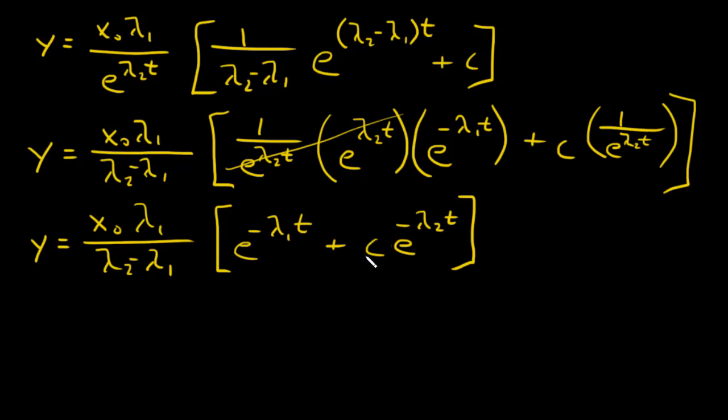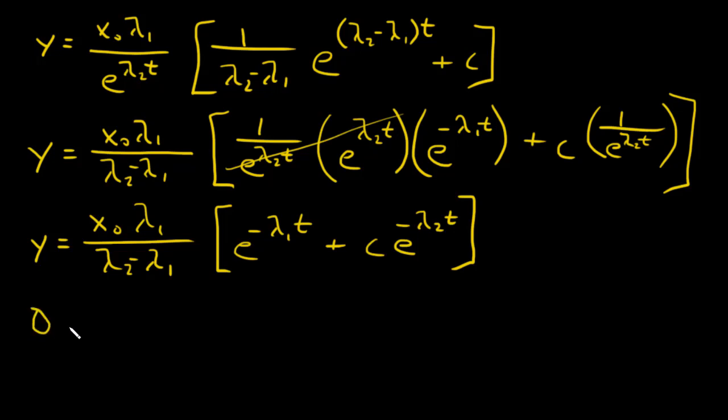Okay? So now that I've got this expression into this form, what I need is my c right here. So c can be found using my initial condition. I know that at t equals 0, the amount of y that I have was 0.